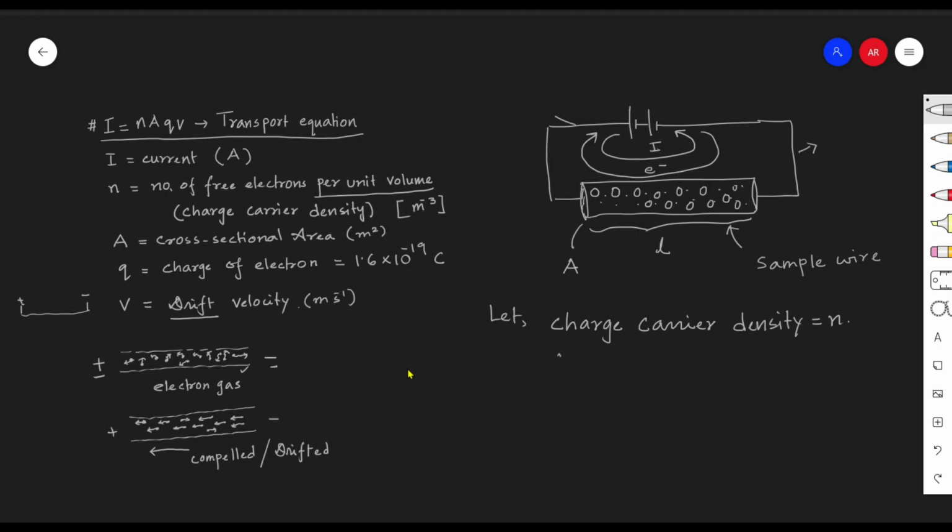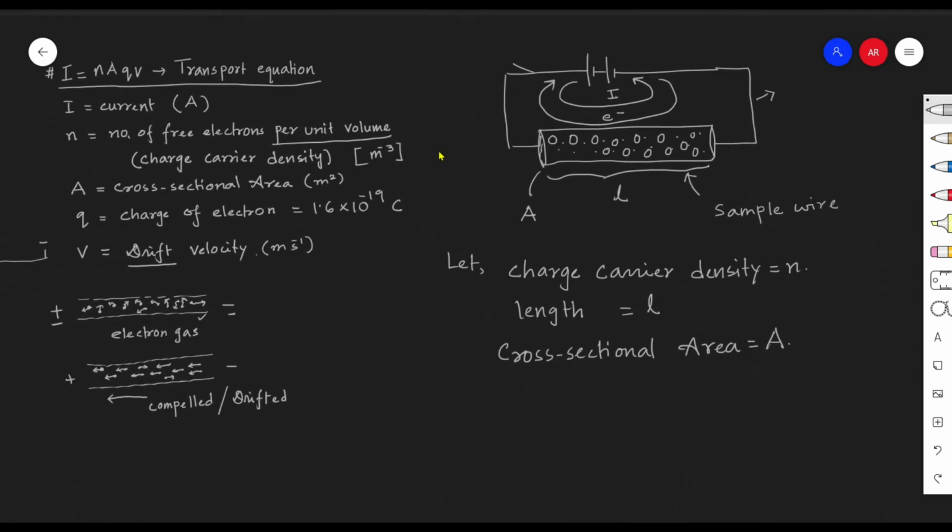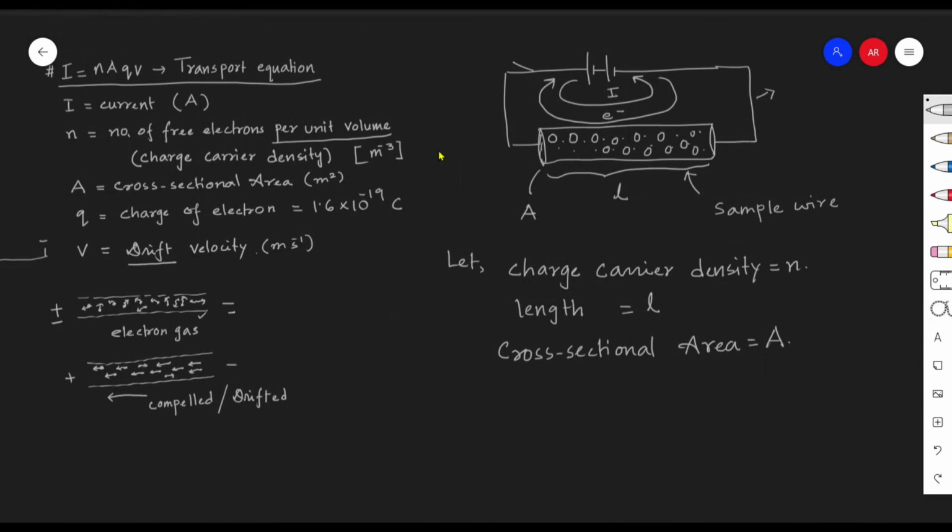The length we let as L, the cross-sectional area A, and the electronic charge is e or Q, whatever you say. This is the charge of an electron.